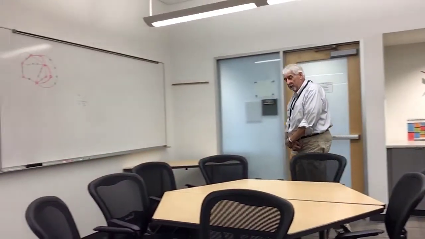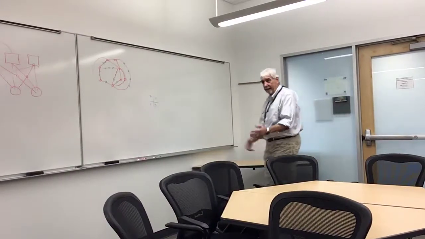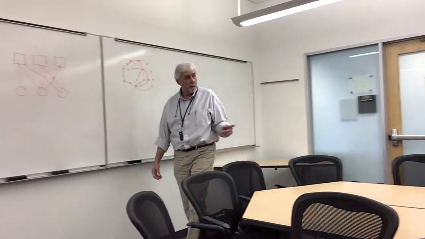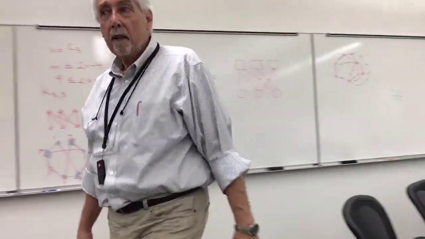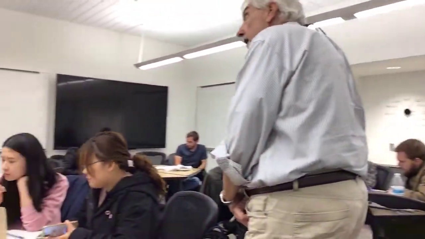Let's talk about the 12-faced one. How many vertices are there on the blue graph? 20. Each vertex has degree what? 3. So I have 20 vertices of degree 3. So how many edges? 30.